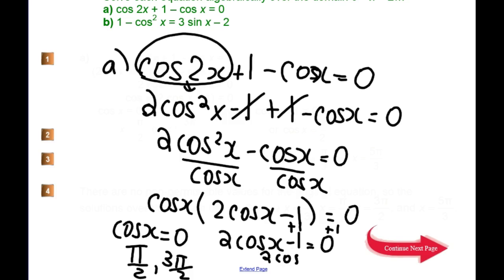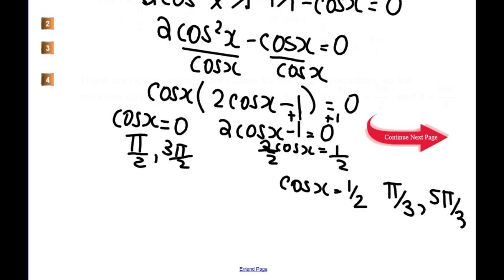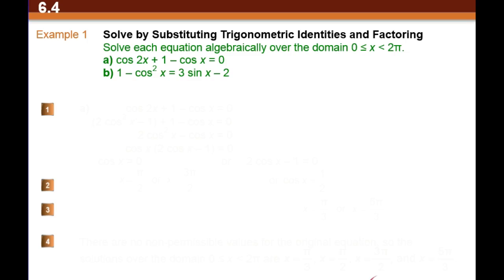So I get 2 cos x equals 1, and I'll divide by 2, and I'll get cos x is equal to a half. So where is cos a half on our unit circle? And where else? Okay, so those would be our solutions.